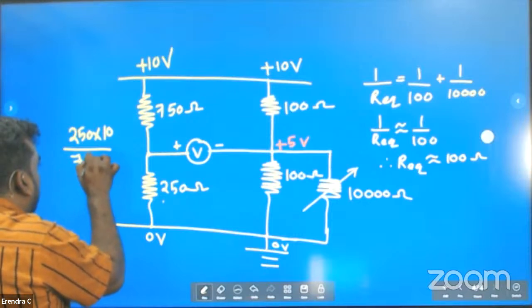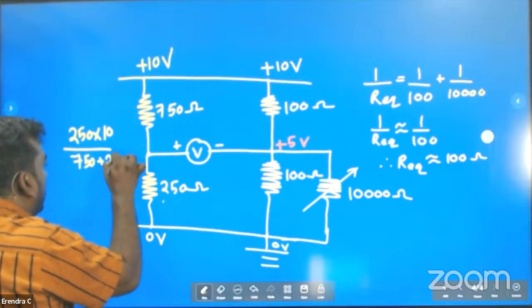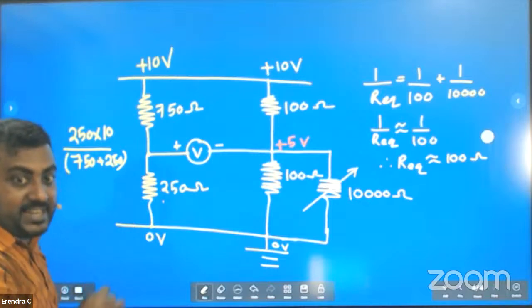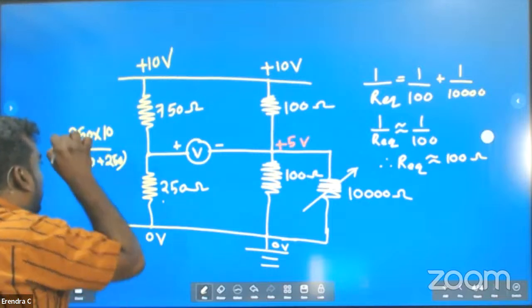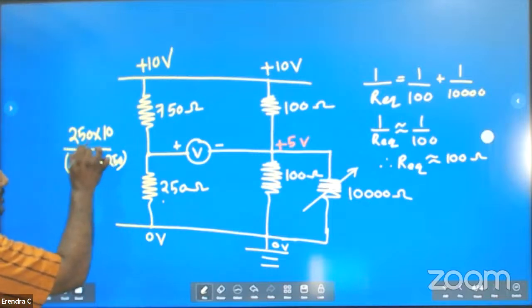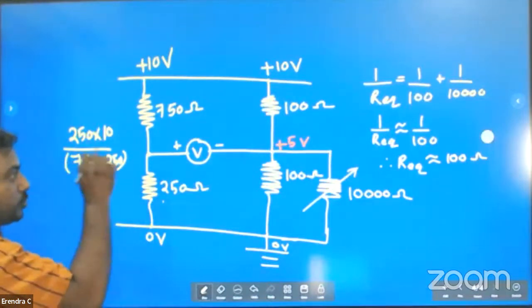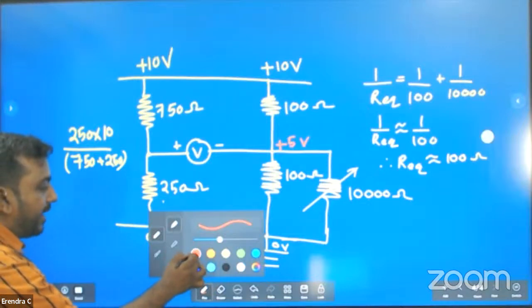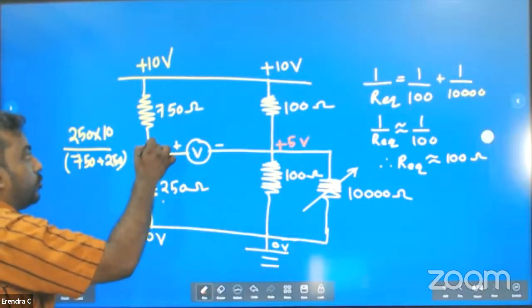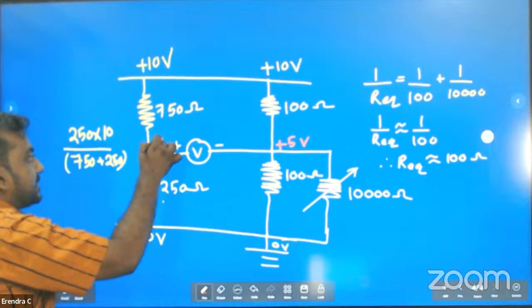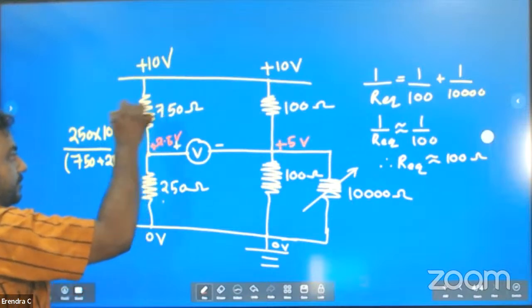Some of you are new. You were not there yesterday. Today you are here. 750 plus 250 is what? 1000. 2500 divided by 1000. How much? 2.5. From 0, it is 2.5.